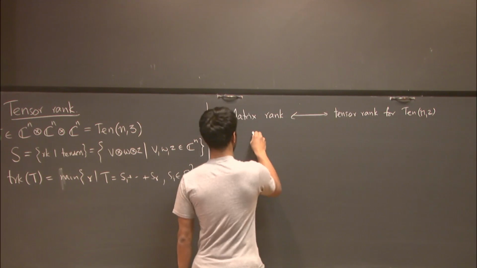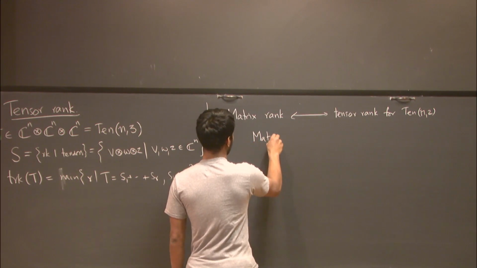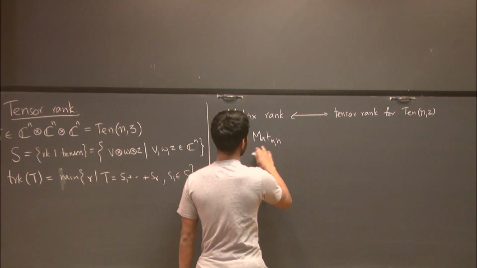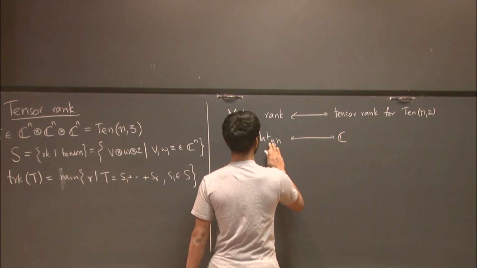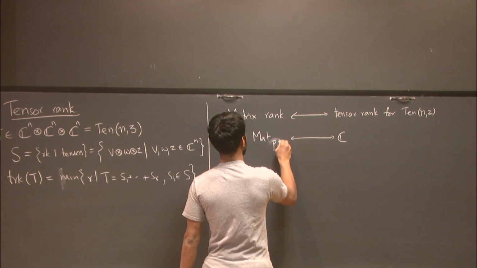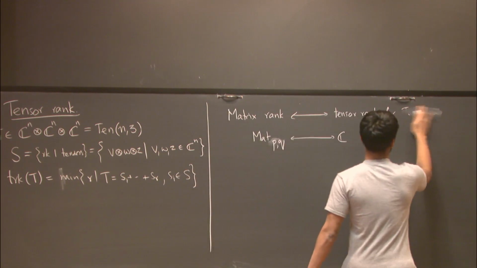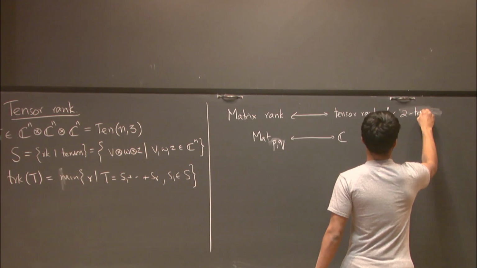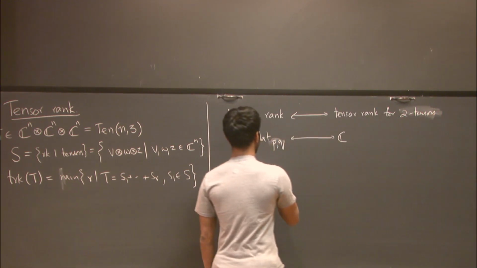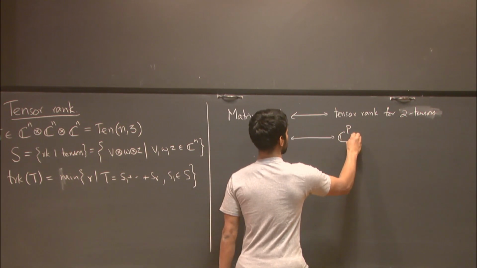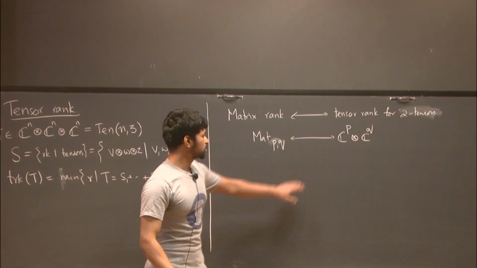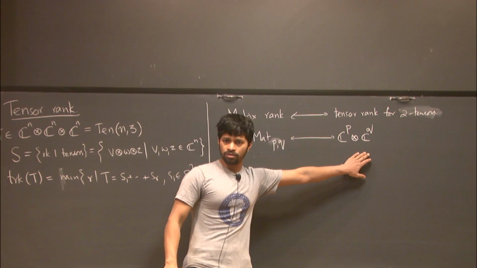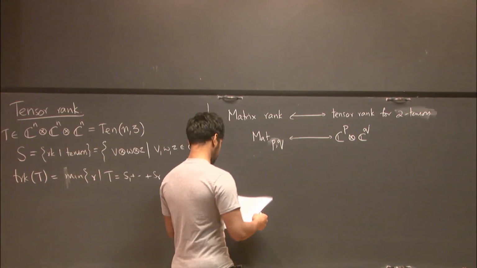Okay, so the analogy, or not even analogy, the way to identify it is you take P by Q matrices, and let me just write 2 tensors here. I identify P by Q matrices with tensors C^P tensor C^Q, and the identification is kind of straightforward.